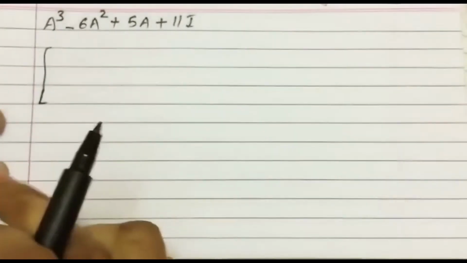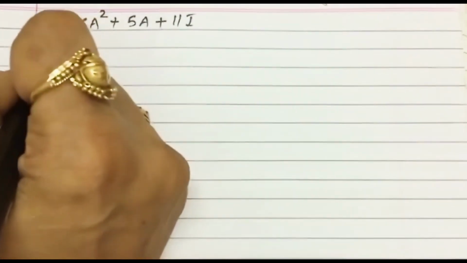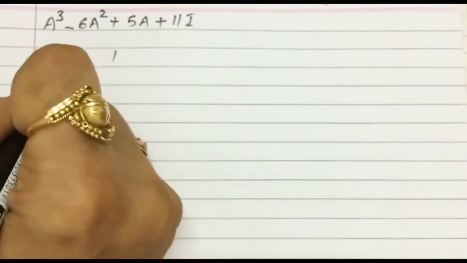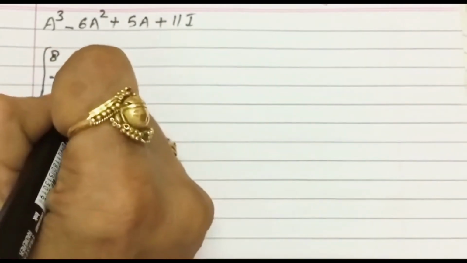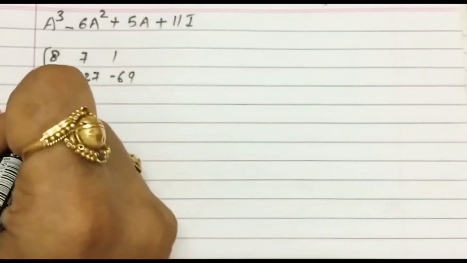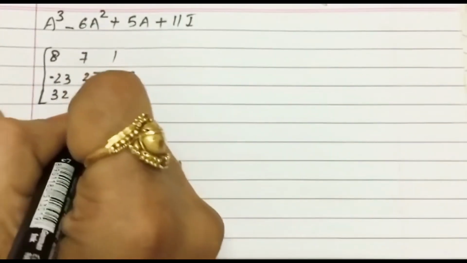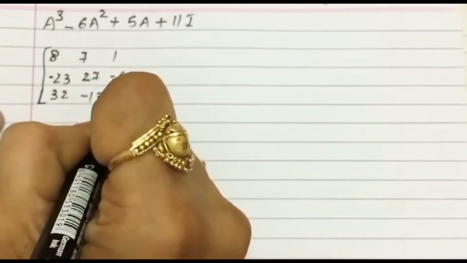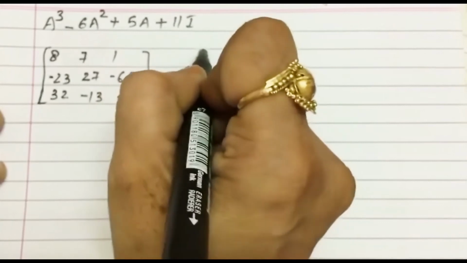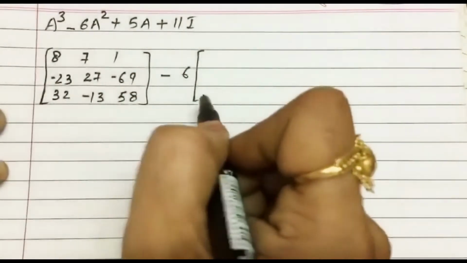Okay, now substitute the values. Here A cube is 8, 7, 1, 8, minus 23, 27, minus 69, and here 32, minus 13 and 58. Here minus 6 and write the value of A square.